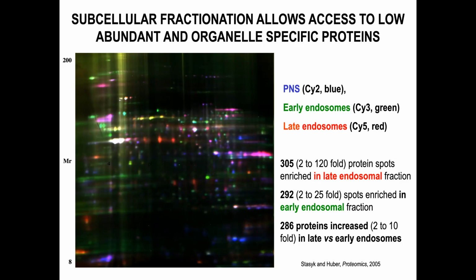Now with robotics, you can cut out these single spots, and you can analyze them in a mass spectrometer, and you can identify them, but you can also quantify them, and you can see how much enrichment you can get. And when you quantify that by fluorescence intensity, you find up to 120-fold of enrichment in the late endosomal fractions, but only 25-fold enrichment in the early endosomal fractions.